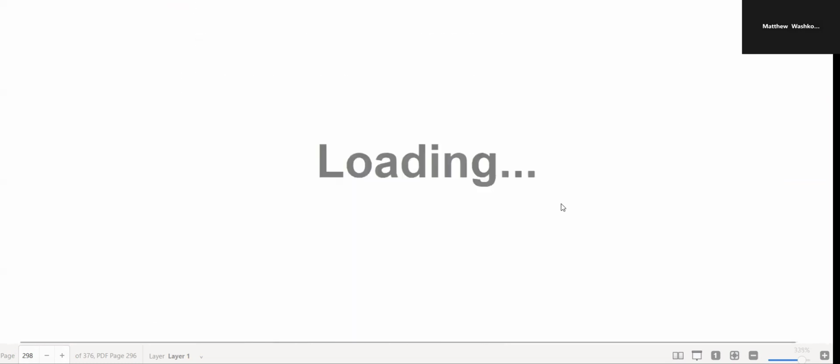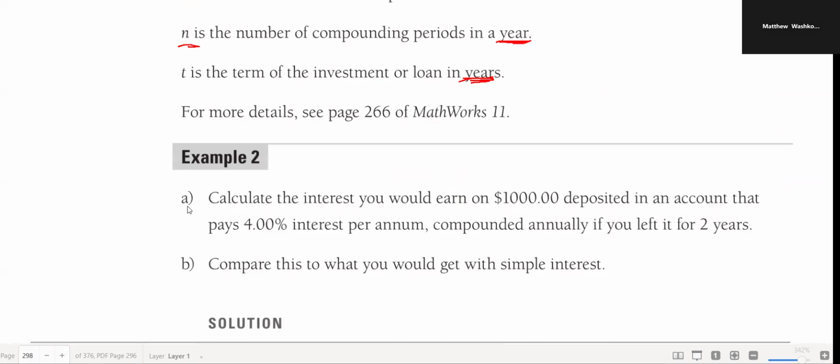All right, so I want you guys to try this one here. Try out question A. $1,000 deposited. It pays 4% interest per year. It's compounded annually, once per year, and it's left for 2 years. So try that out. Pause the video now. 3, 2, 1.